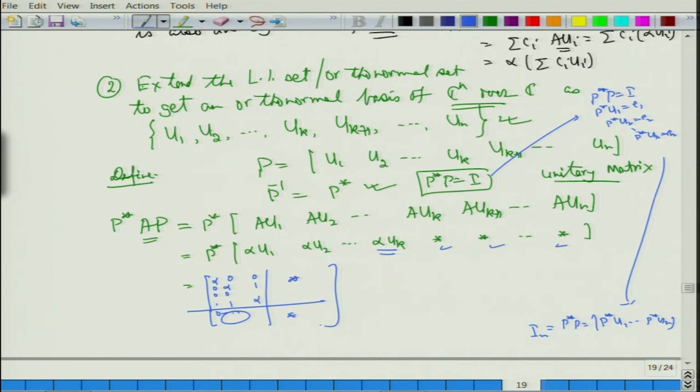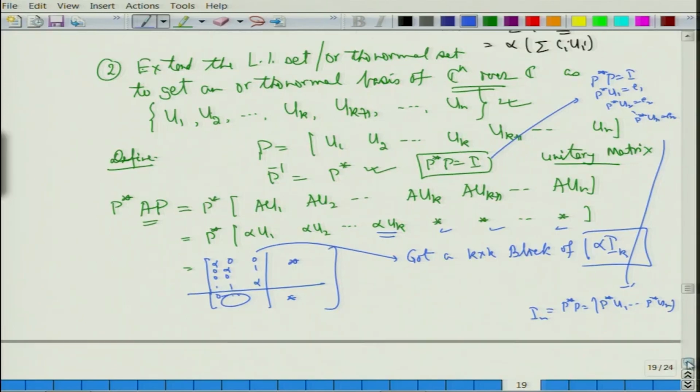Is that okay? So at this stage I only know that I have got a k cross k block of alpha times identity I k. Fine. And therefore from there I want to make statements about the whole thing.